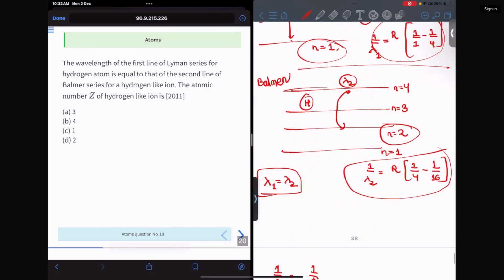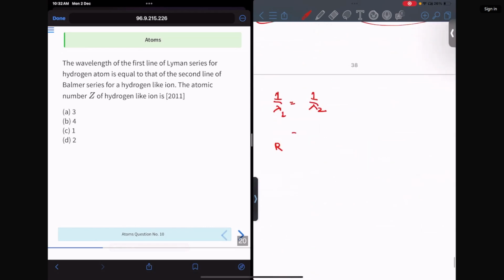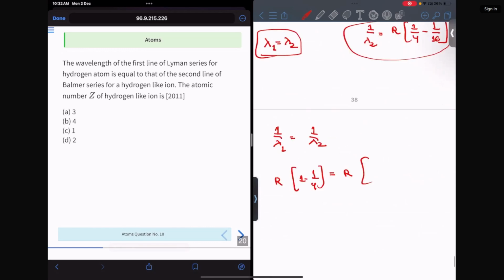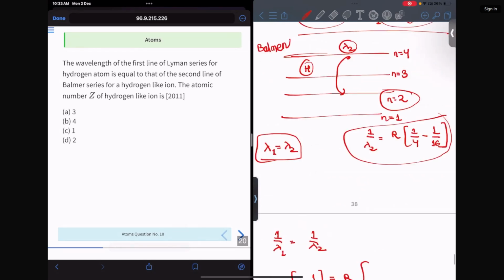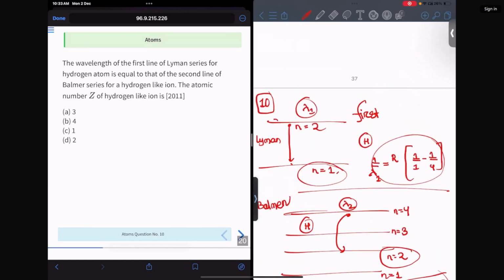So 1 by lambda 1 equal to R into 1 minus 1 by 4 is equal to R into the atomic number of, sorry, this was a hydrogen atom, the wavelength of the first line of the Lyman series for a hydrogen atom.